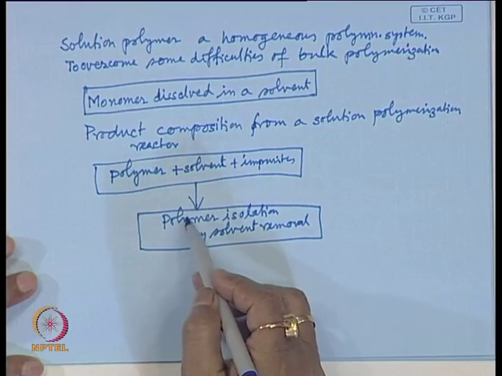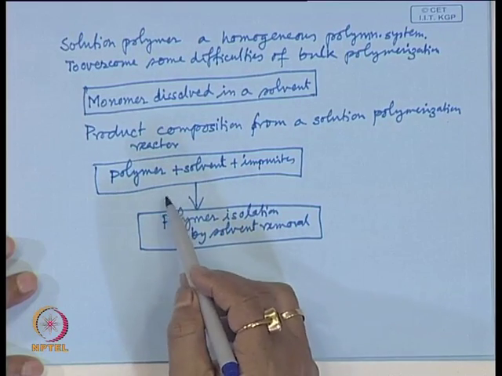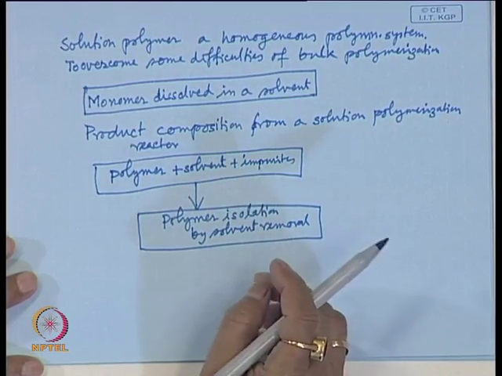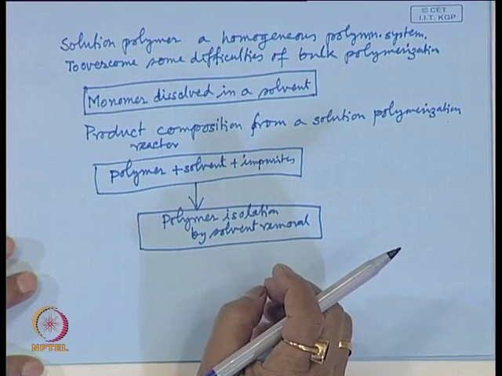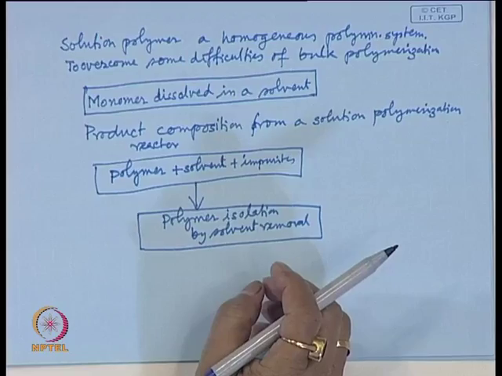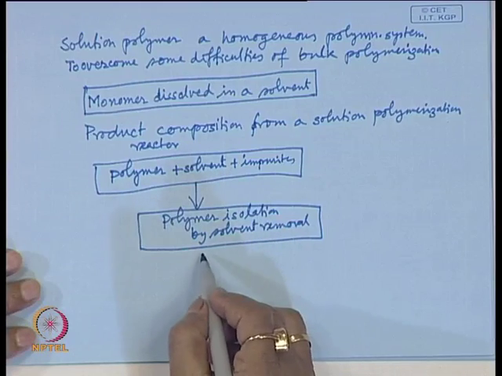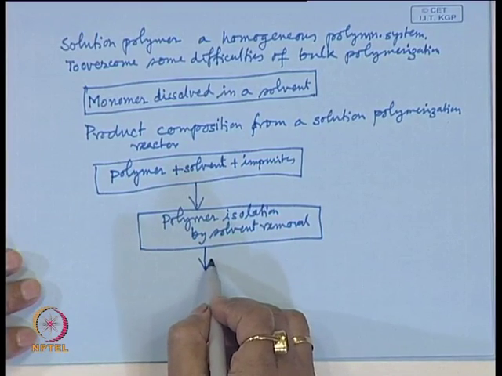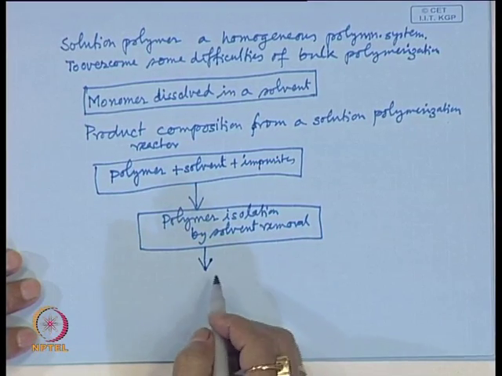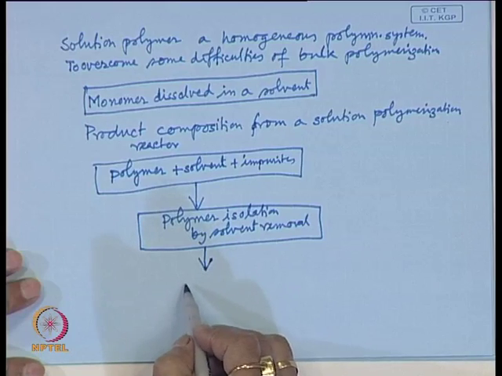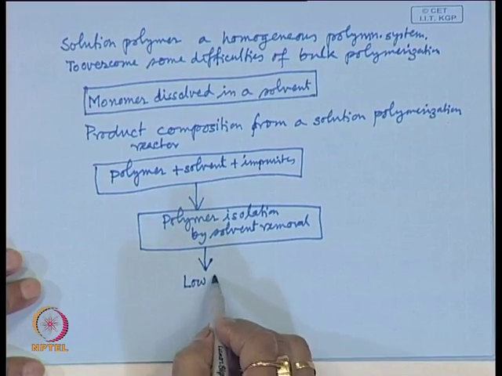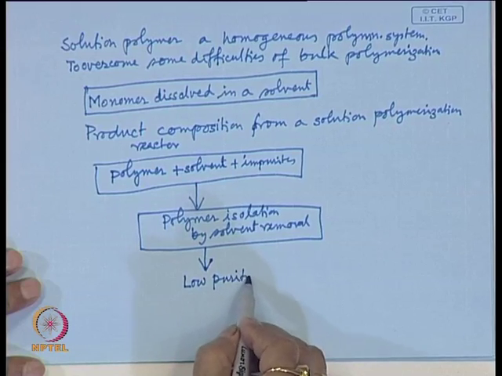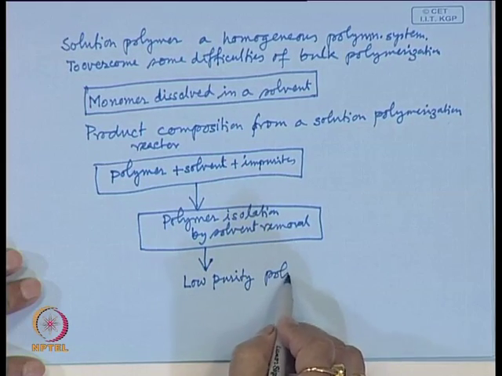Being organic in nature, both the polymer and the solvent, some solvent will remain trapped, dissolved in the polymer. So, we cannot get a very high purity polymer, we get a low purity polymer product.